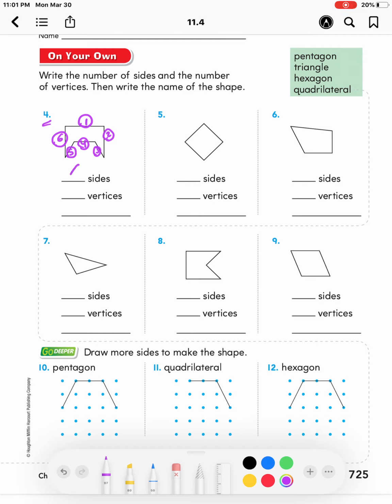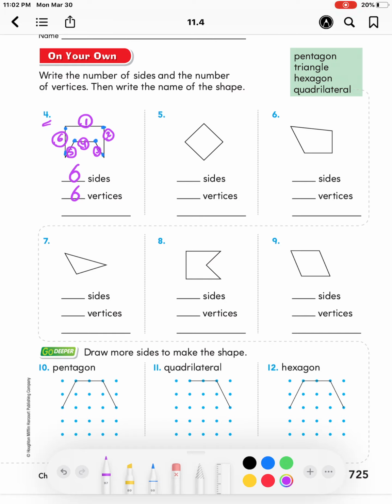Okay, so we have 6 sides. How many vertices? 1, 2, 3, 4, 5, and 6. So we have 6 vertices.